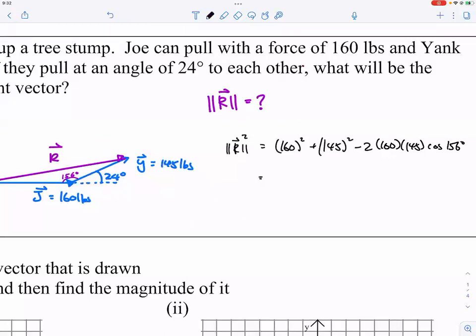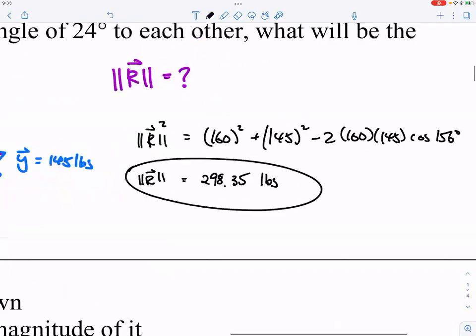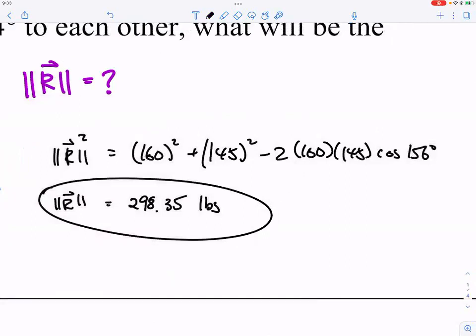So I'm going to do this on my calculator: 160 squared plus 145 squared, minus 2 times 160 times 145 times cosine of 156, and then all being square rooted. So the magnitude of the vector is simply 298.35 pounds.